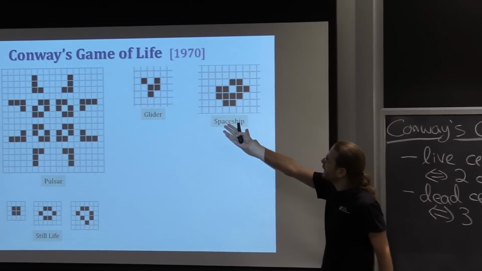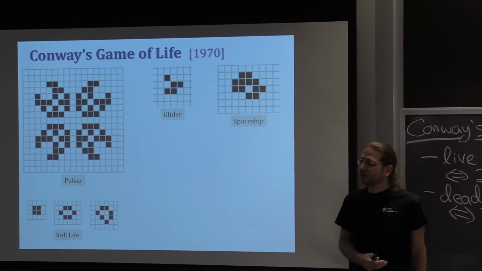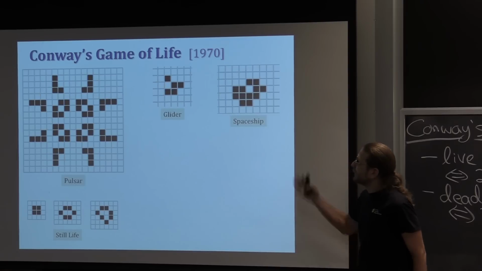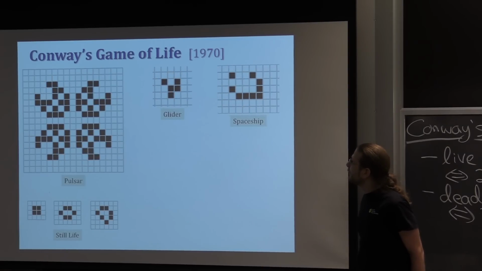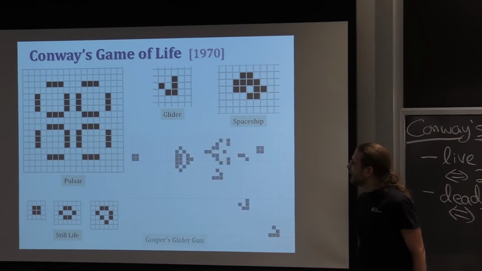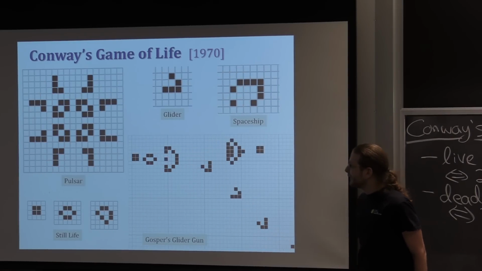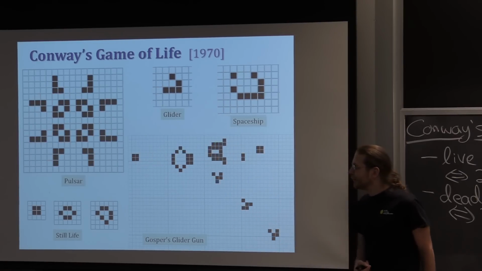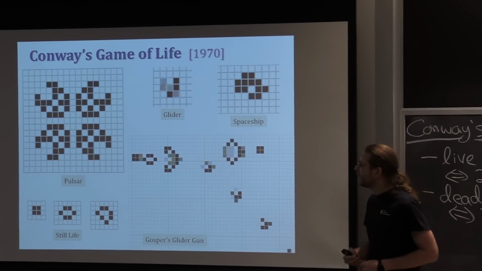A spaceship is like a glider, but it goes in one dimension instead of diagonally, so usually horizontally. There are many spaceships out there. This is one particularly efficient one. And one of the coolest things is this thing called Gosper's glider gun, invented by Bill Gosper, I think, while he was at MIT.